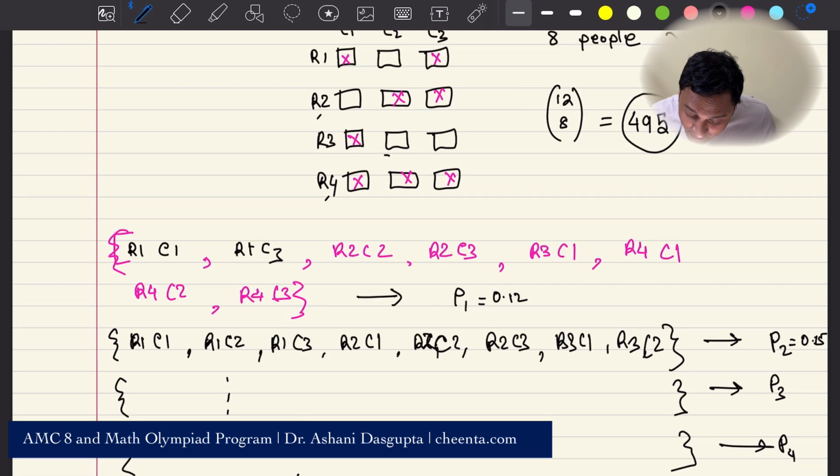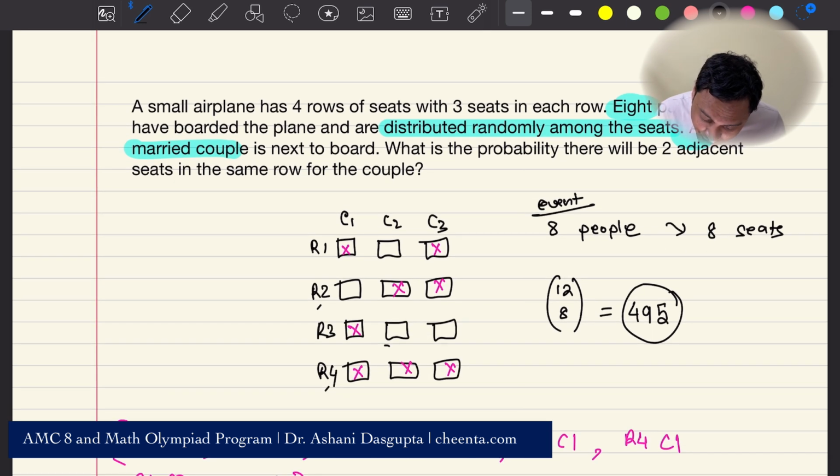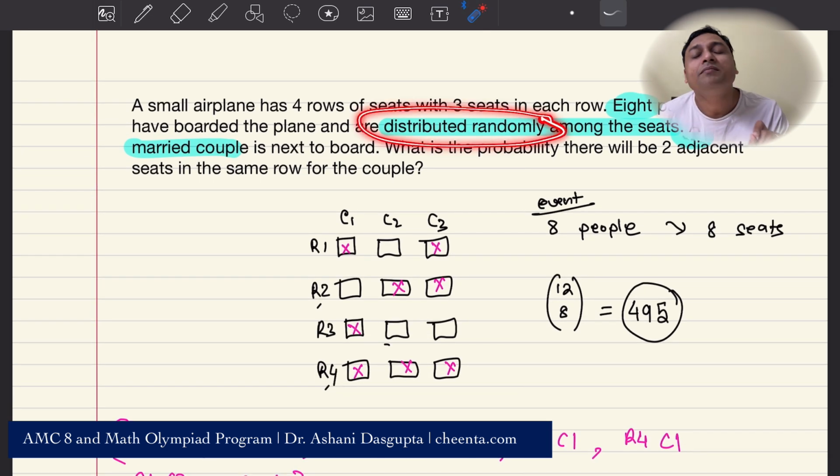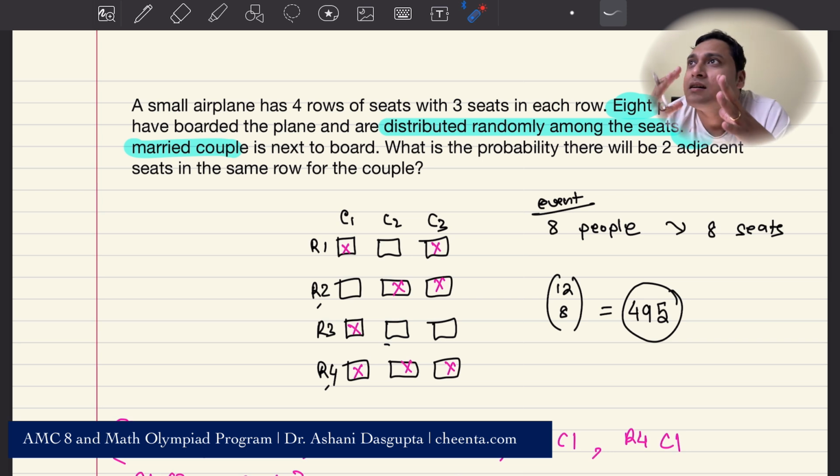Now, what is the meaning of distributed randomly? What is the meaning of this? It means all of these output numbers, P1, P2, up to P495, are actually equal. In math lingo, we say they are equally probable or distributed random. So all of them are of equal probability. So here is a challenge.